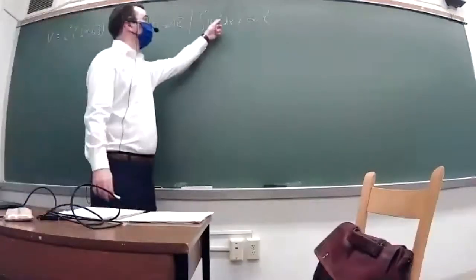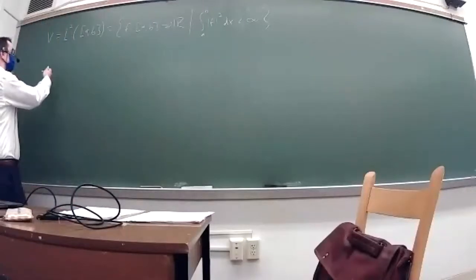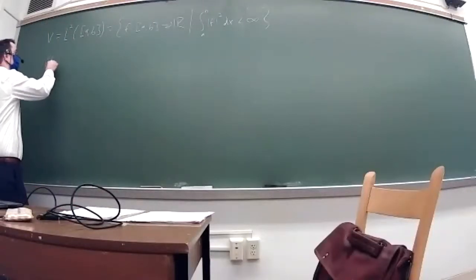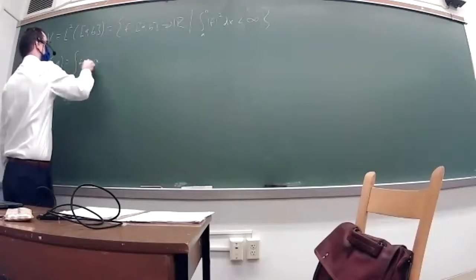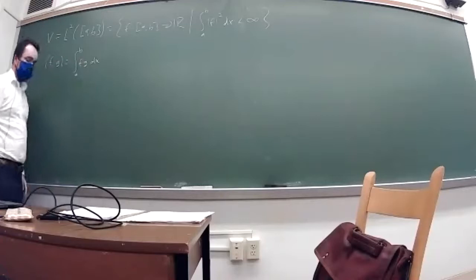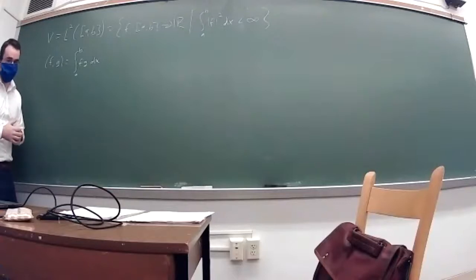But I like to use 2 because when you're in L2, that's when you have an inner product, namely the inner product of f and g is the integral of f times g. And this is a legitimate inner product. It satisfies those 3 or 4 conditions that we wrote down last time.